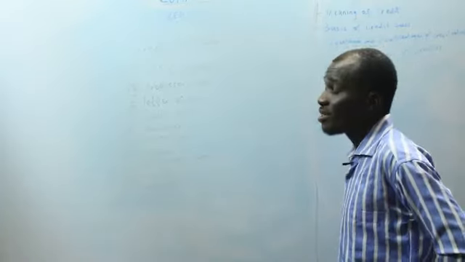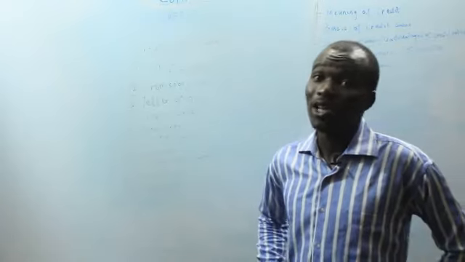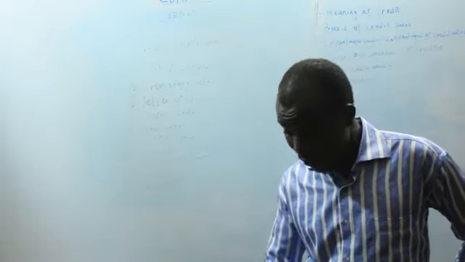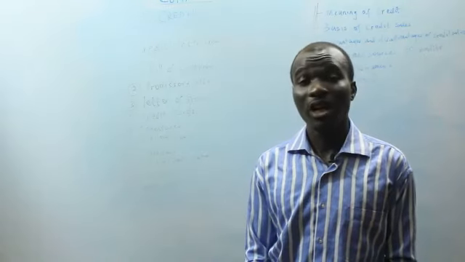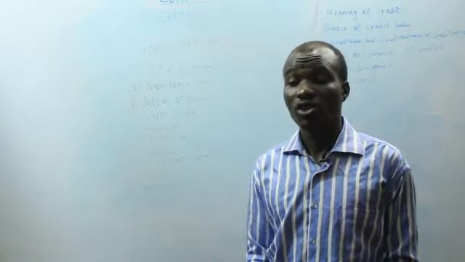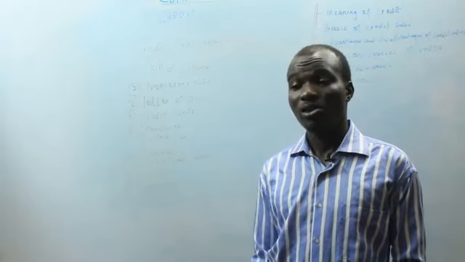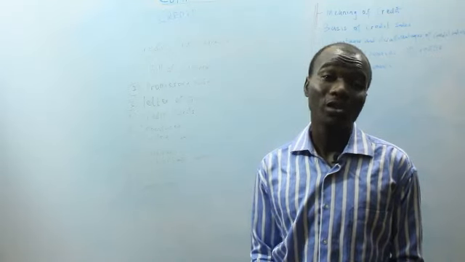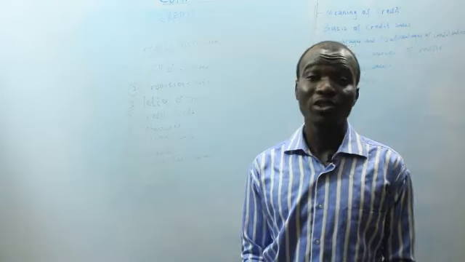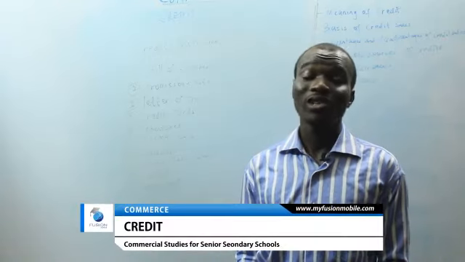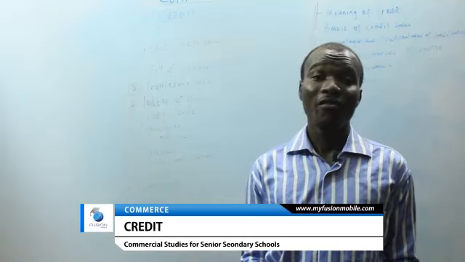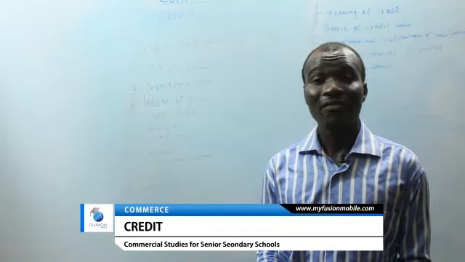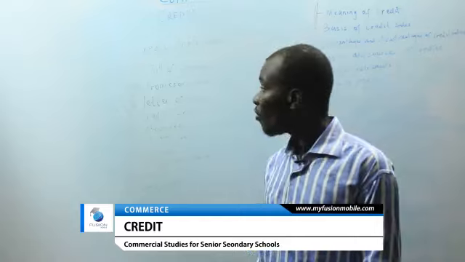Credit instruments are the written documents that serve as essential evidence of credit sales. They are used as evidence that credit transactions have occurred. Whenever credit transactions occur, they are written down as evidence of the transaction.